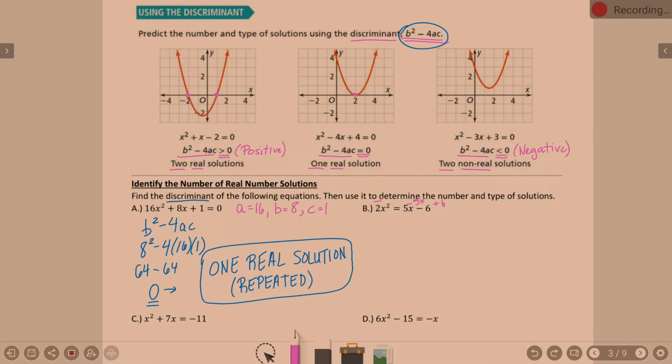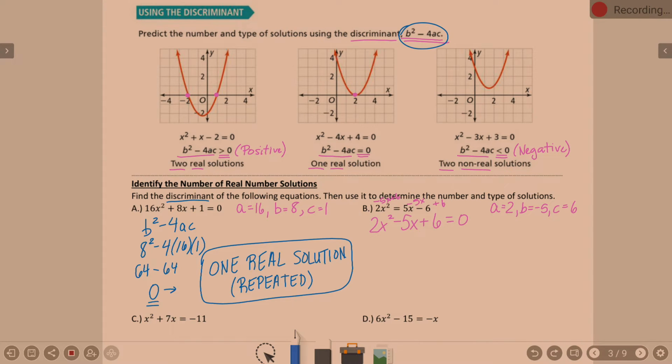In all honesty, you could have taken it the other way. I feel like I have you trained to go the other way now, but so 2x squared minus 5x plus 6 equals 0. That means A is 2, B is negative 5, and C is 6.